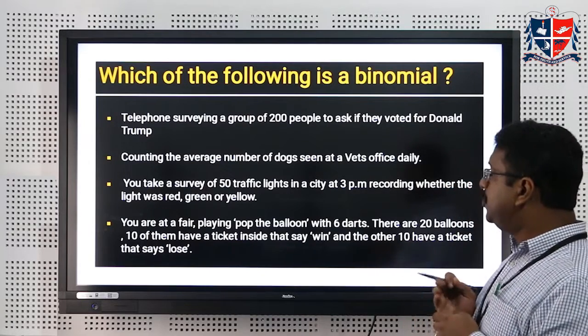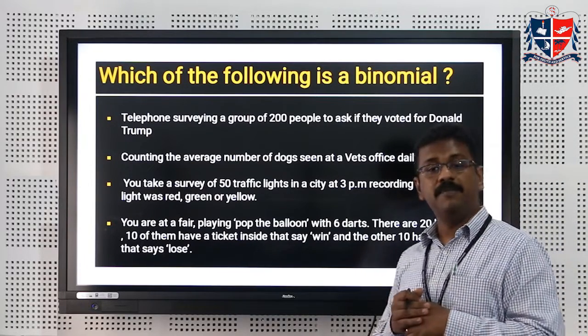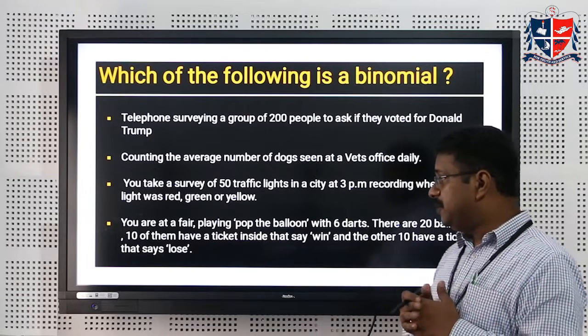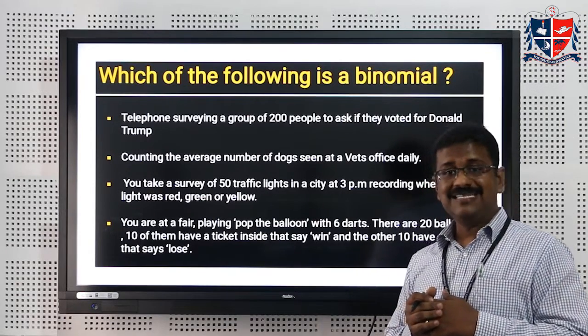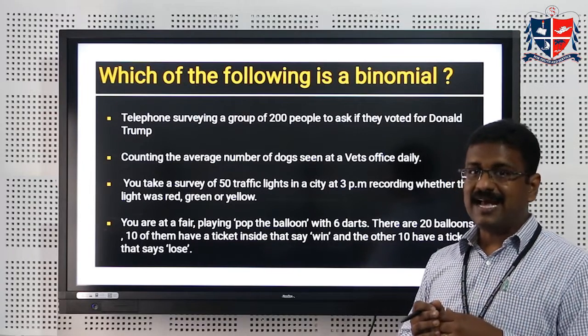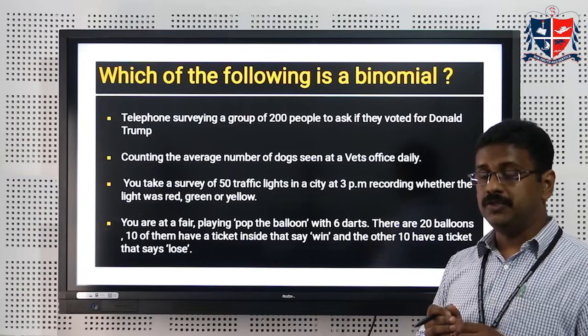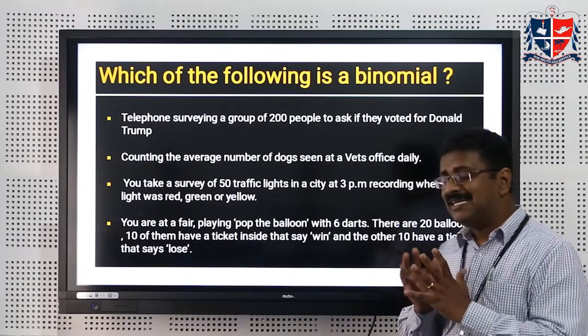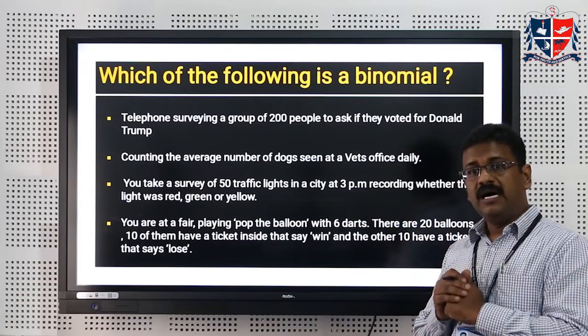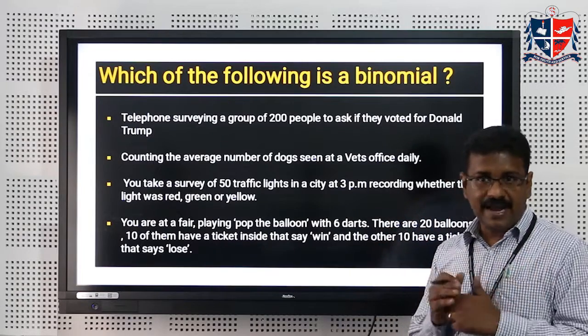And the last, you are at a fair playing pop the balloon with 6 darts, and there are 20 balloons, 10 of which has a ticket inside which says win, and another 10 has a ticket inside which says lose.